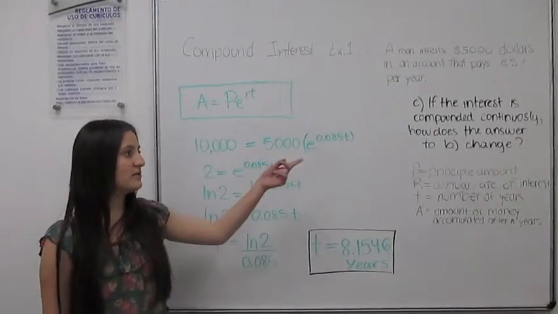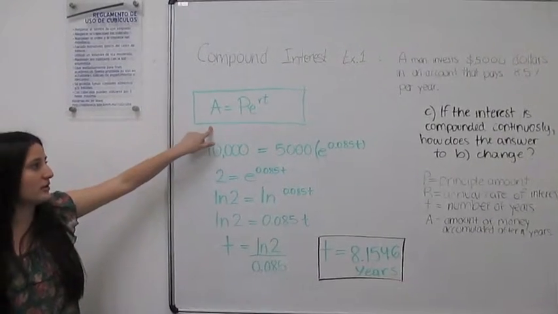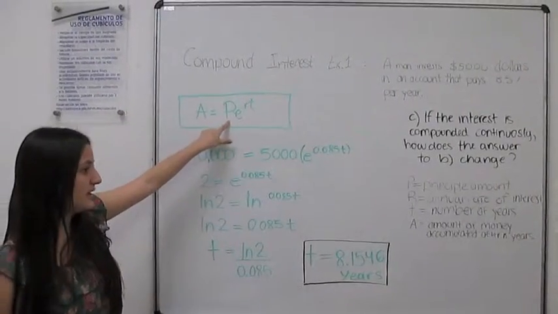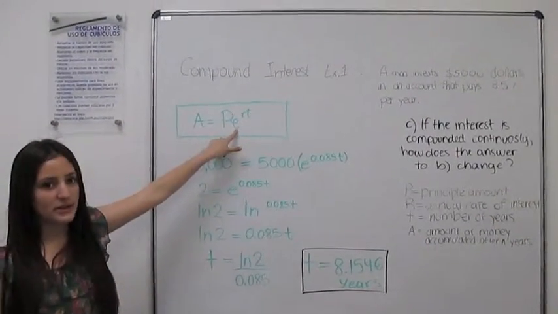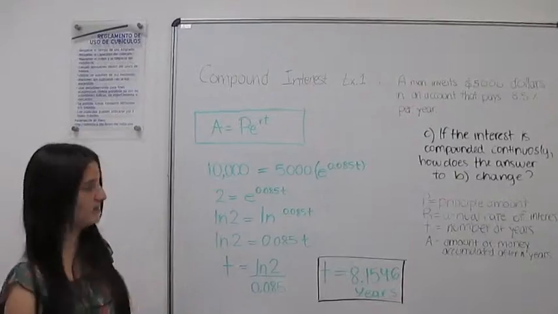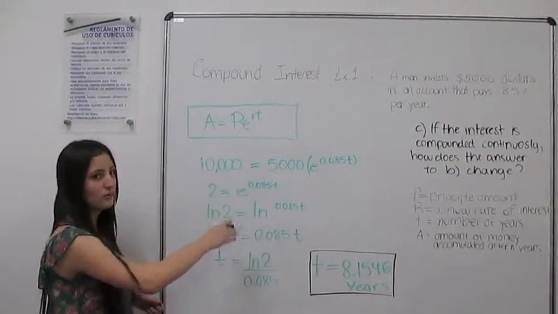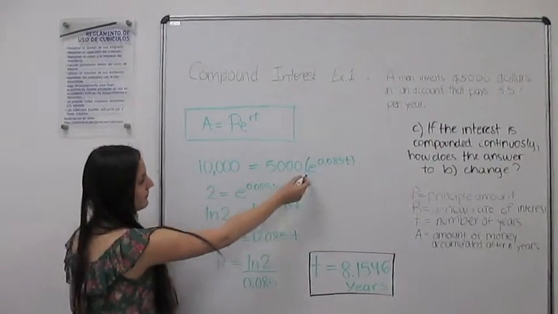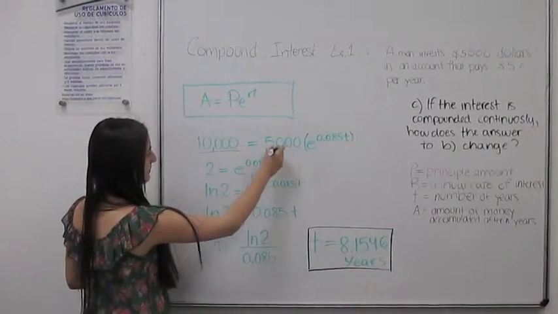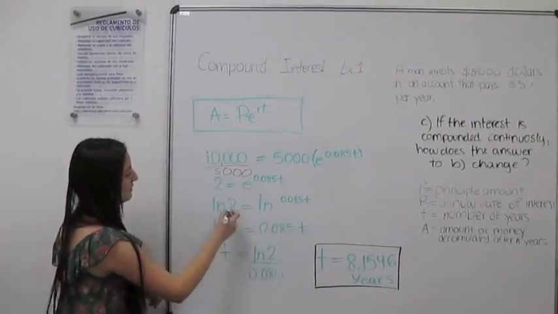And now we have, if the interest is compounded continuously, how does the answer to B change? This is the formula for compounding continuously. A is the amount of money accumulated after t years, P is the principal amount, e is Euler's number, r is the rate, and t is the number of years. So we have, first, 10,000. That is the amount when it doubles. And here we have the first amount, that is 5,000. So to clear e, we divide 10,000 by 5,000 and we have 2.